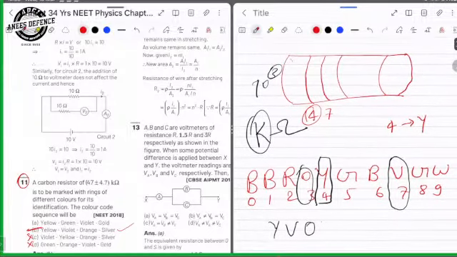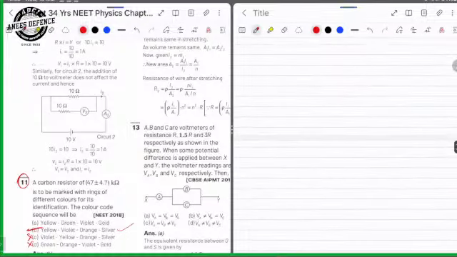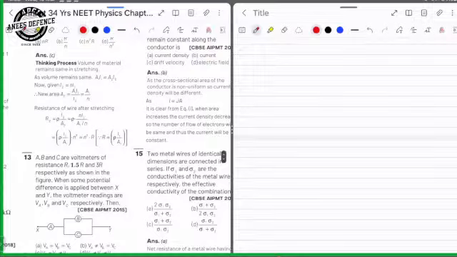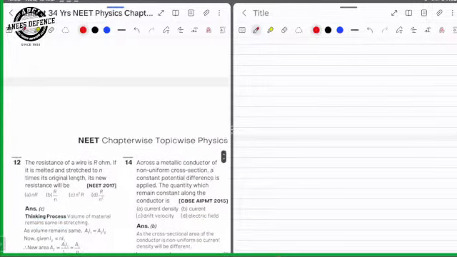Raina, understood or not? Question number 11. Understood, sir. Okay. Next question. Question number 12.